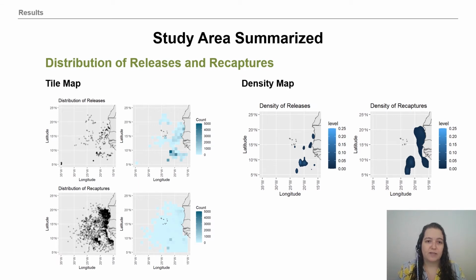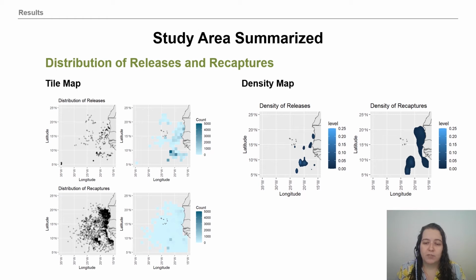First, I took a look at the distribution of releases and recaptures. On the left, you can see my tile maps. These represent the total sum of releases and recaptures in 1 degree by 1 degree squares. This helps me understand the distribution of the data and how rich it is for the given area.